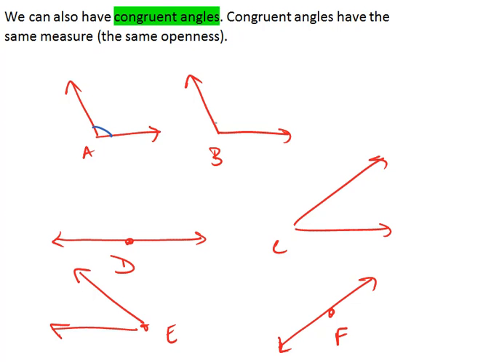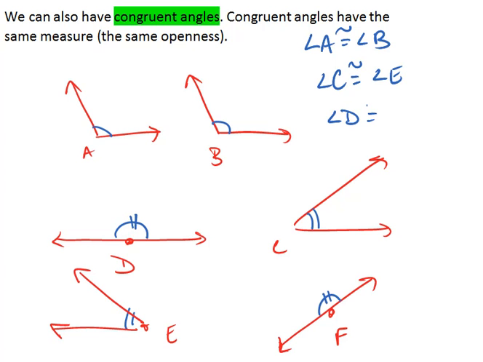We can show A congruent to B using a single mark, C congruent to E using the double, and sometimes you'll see an arc with a little line through it. That's another way to express it, or an arc with two lines through it. There are many ways. The important thing is that you see the same notation expressed for both congruent angles in a pair. So we see A is congruent to B, C is congruent to E, and D is congruent to F.